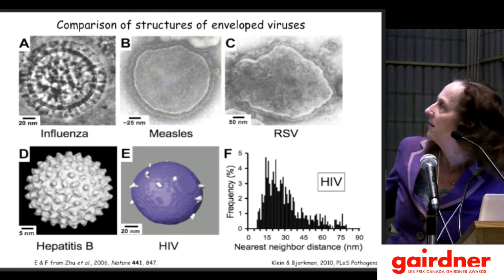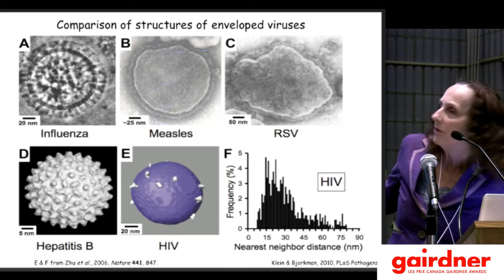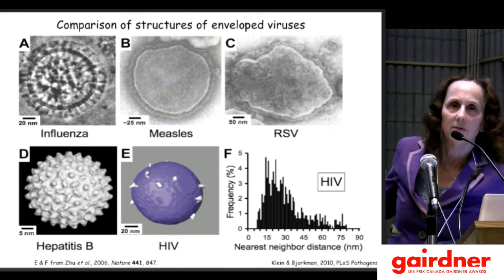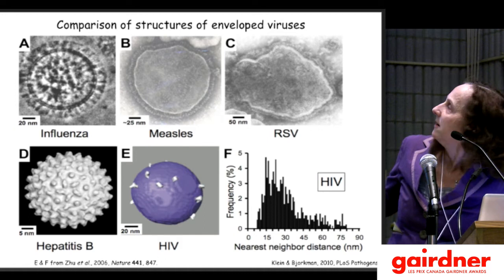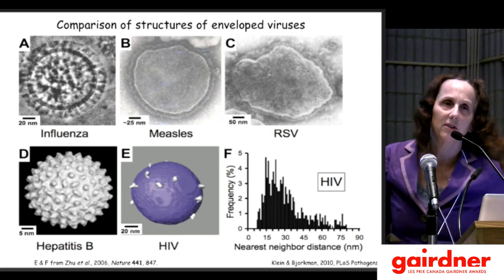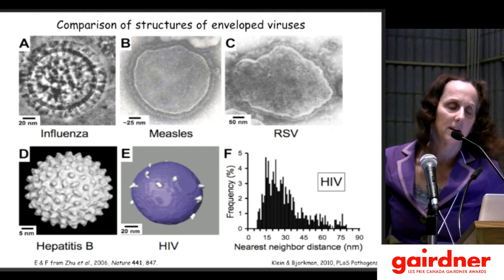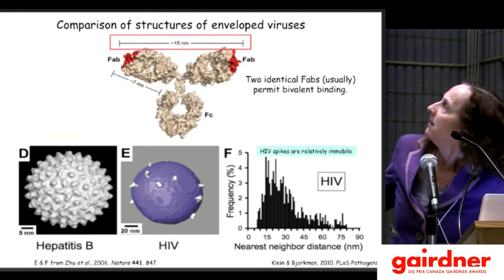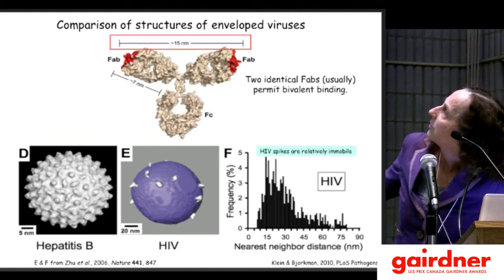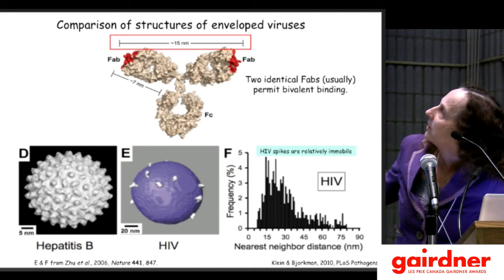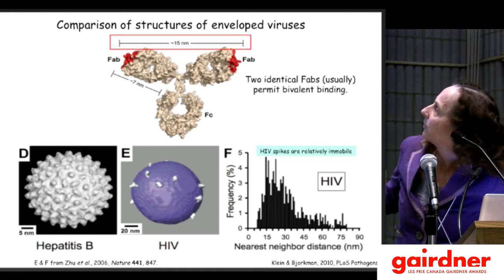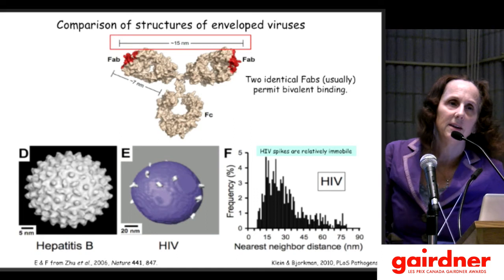They plotted this. And most of the spikes are far enough apart that there's a 15 nanometer distance here, which is the average distance between the arms of an IgG antibody. So this is where it would bind to antigen. And most of the spikes are further apart than 15 nanometers.